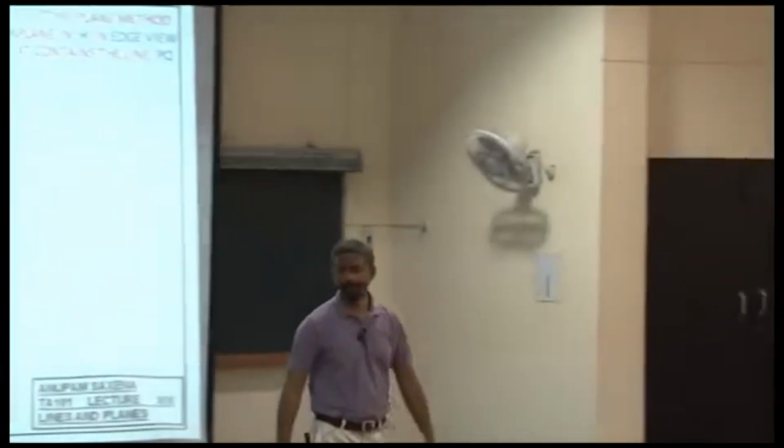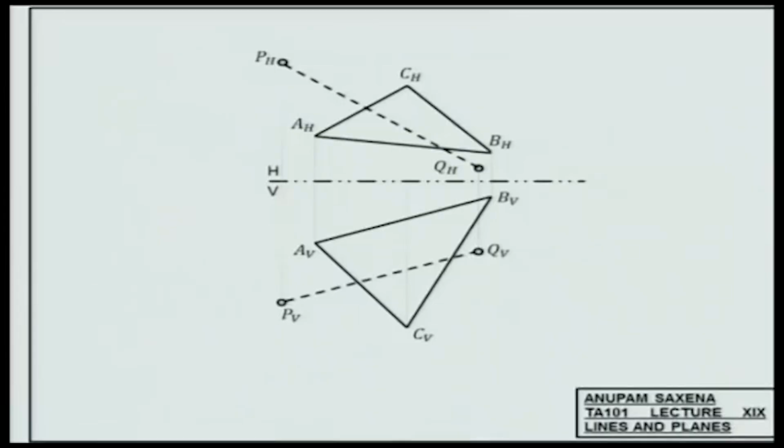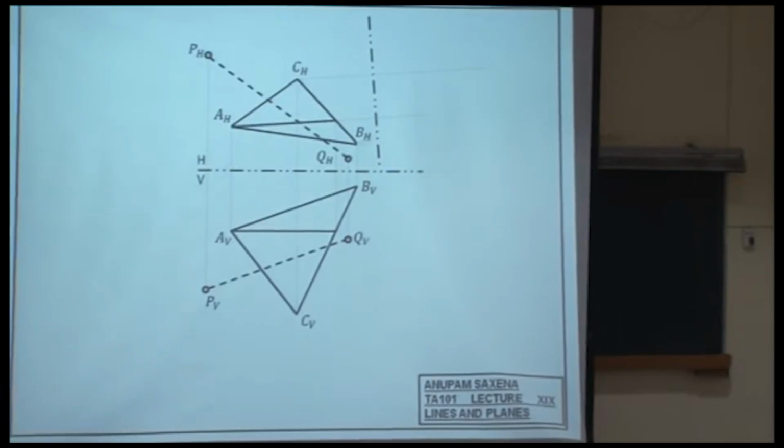Stay with me. All right, I have no idea what I'm doing, but let's see. Horizontal line, true length. Okay, edge view of the plane ABC.